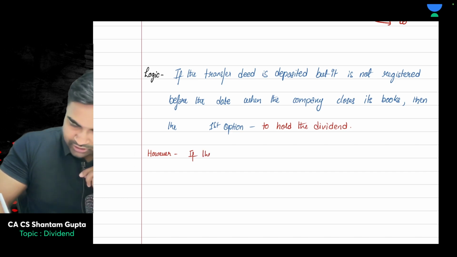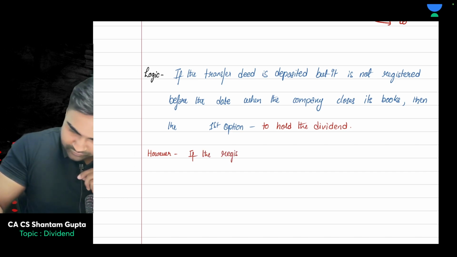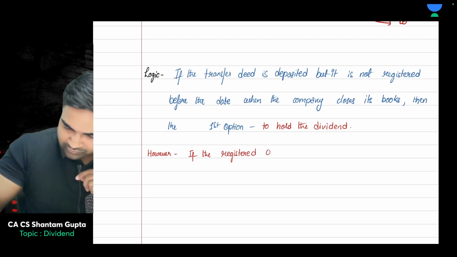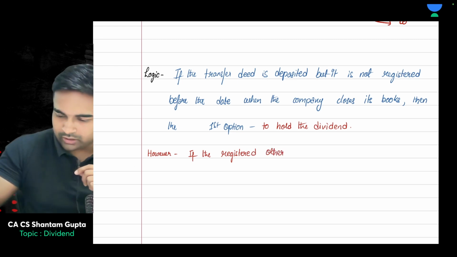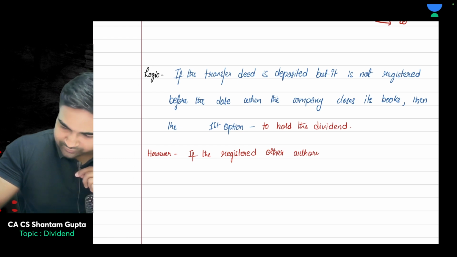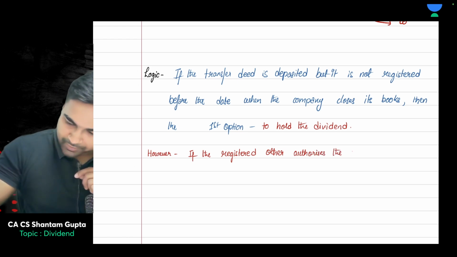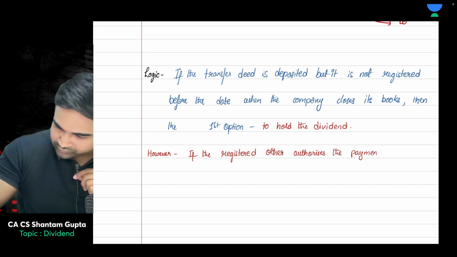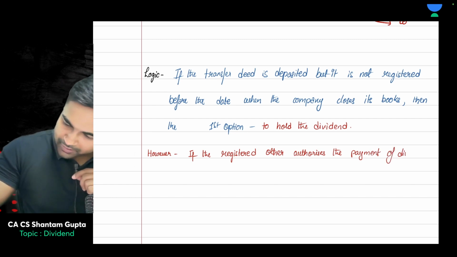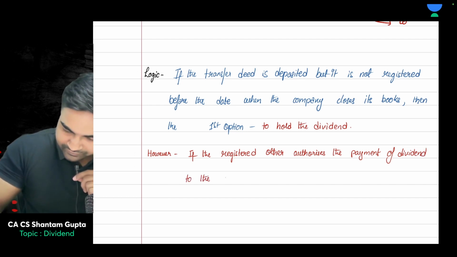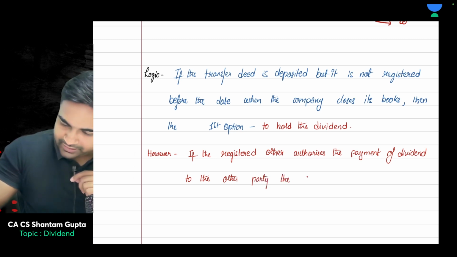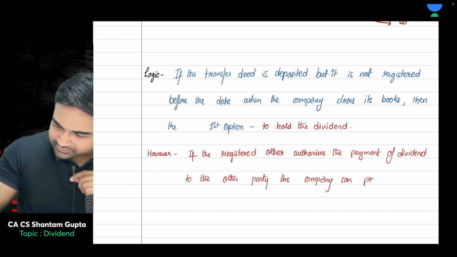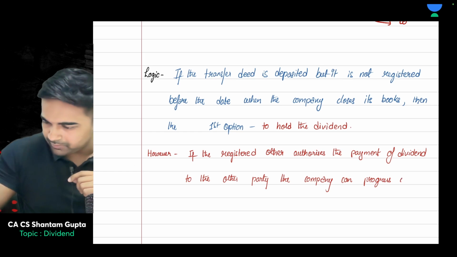If the registered holder authorizes the payment of dividend to the other party, the company can progress with payment of dividend.